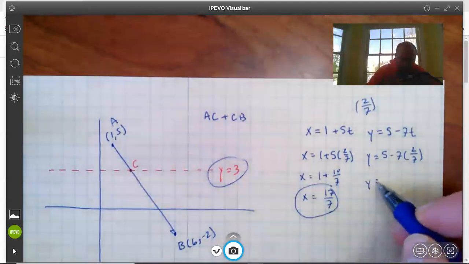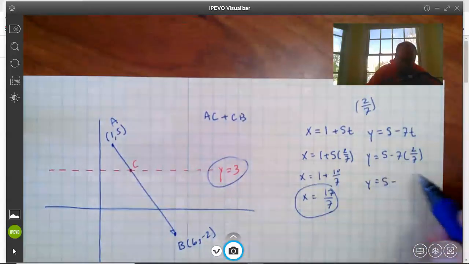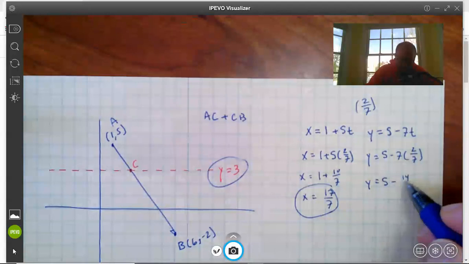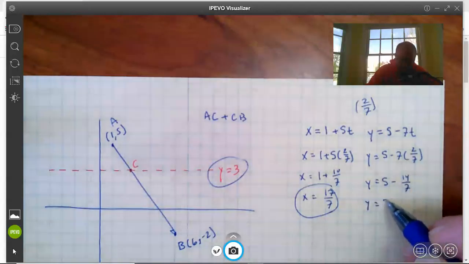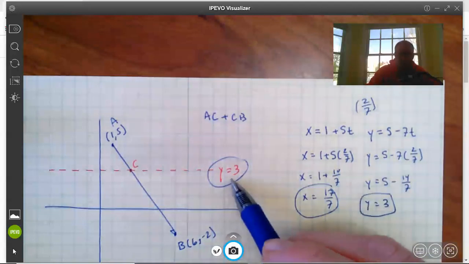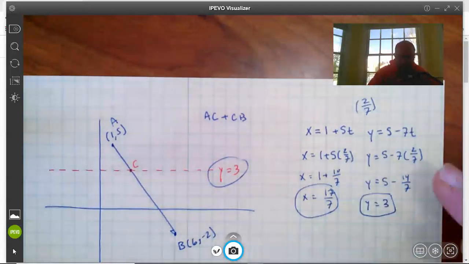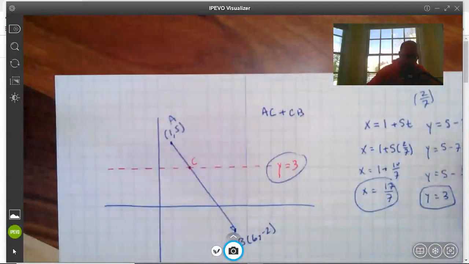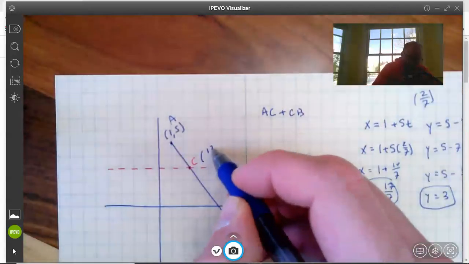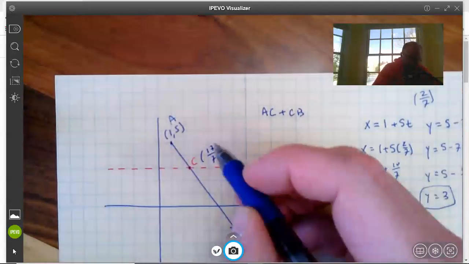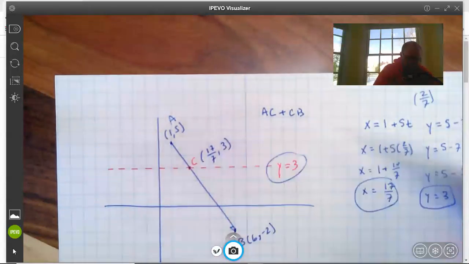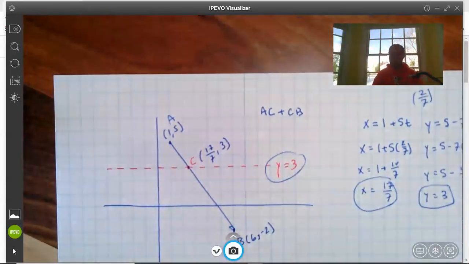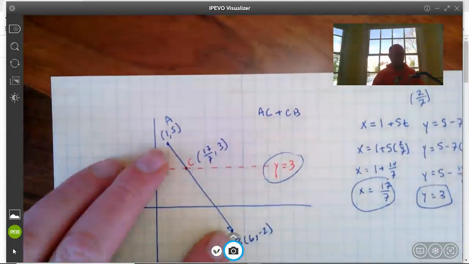And over here, this is 5 minus 14/7, which is 2. 5 minus 2 is 3, which we expected it to be anyway, but that's just a double check. Okay? So the coordinates of our point here are 17/7, 3.